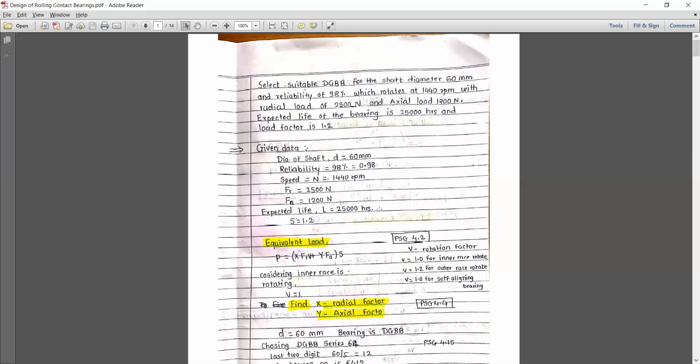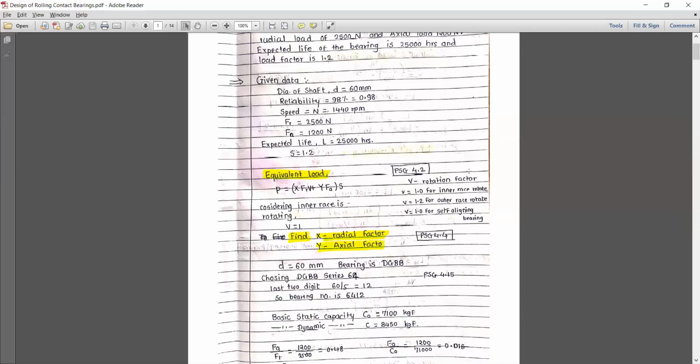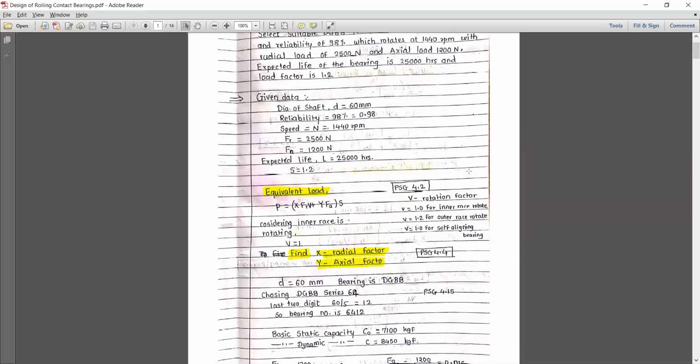Now here they have provided that reliability required is 98%. As it mentions that the reliability is very high, I have selected a deep groove ball bearing with series number 64.